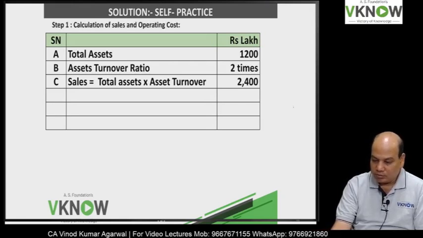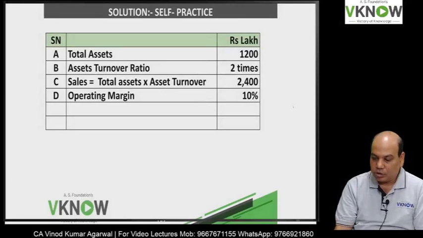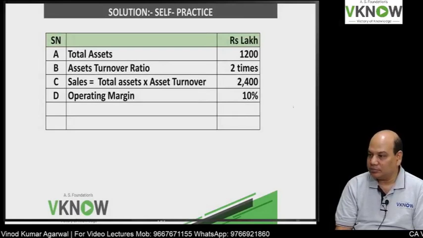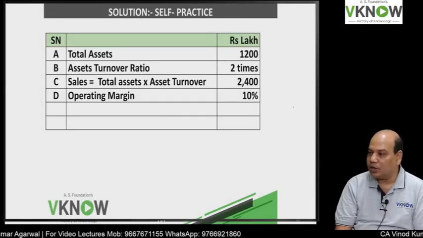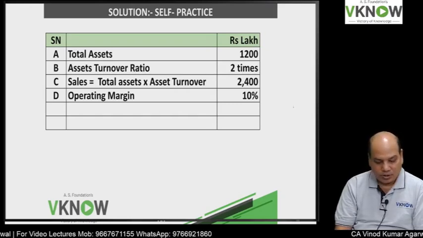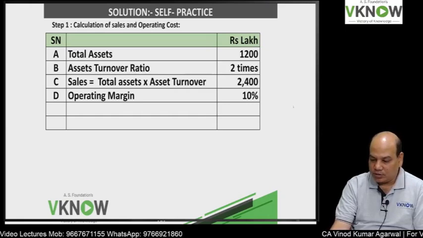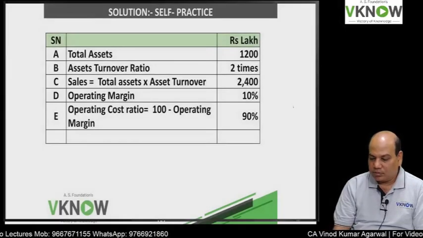Then write down point D, operating margin. Operating margin means operating profit margin. Operating profit means earning before interest and tax, EBIT, 10%. So if operating margin is 10%, what will be the operating cost ratio?